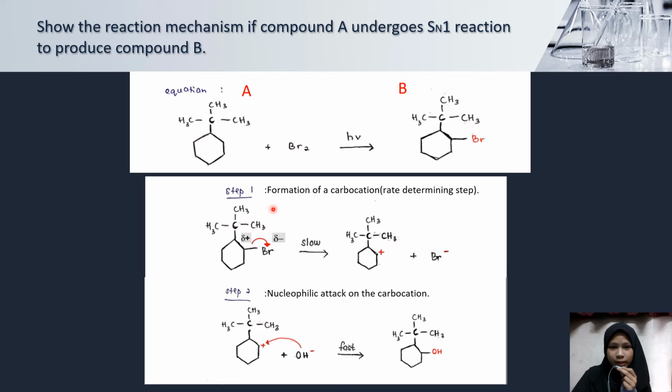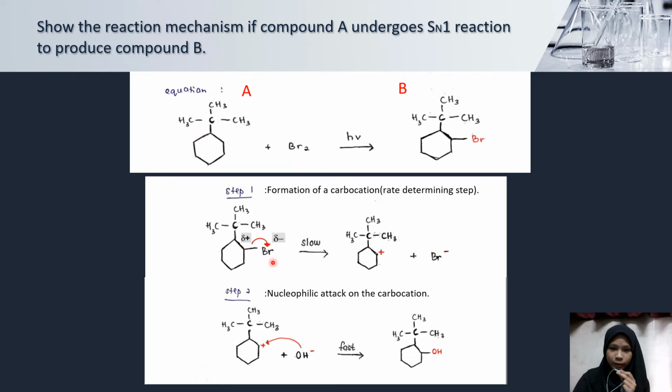So the first step is formation of a carbocation, which is also known as the rate determining step. So we can see here that C is delta positive, while Br is delta negative. So Br will attack the bond here because Br is more electronegative.